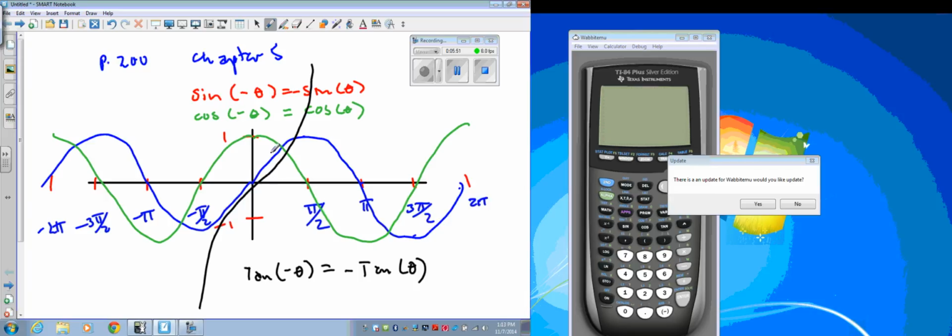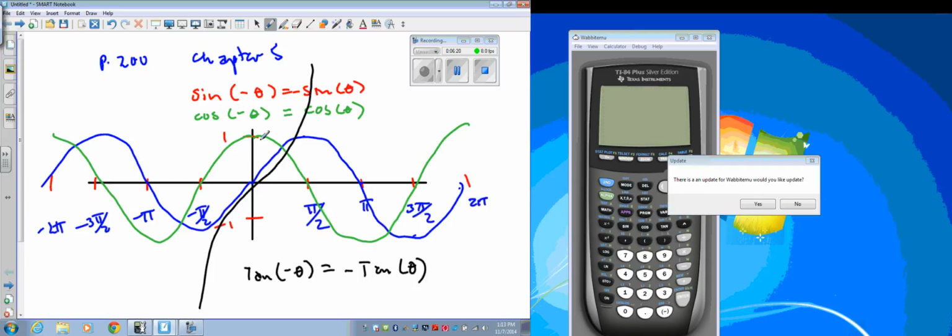So the sine of a negative 30 is the same as a negative sine of 30. The absolute values of these two are the same. It's just that this one is opposite in sign, in this direction.